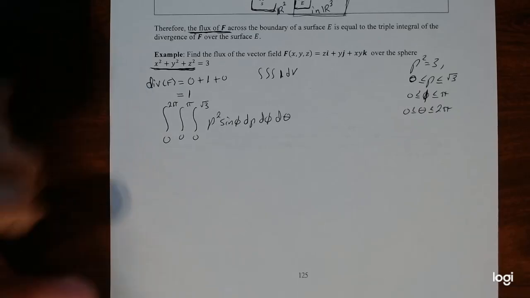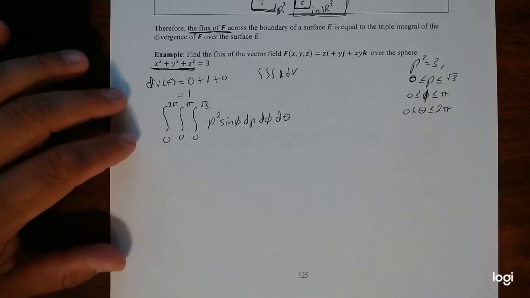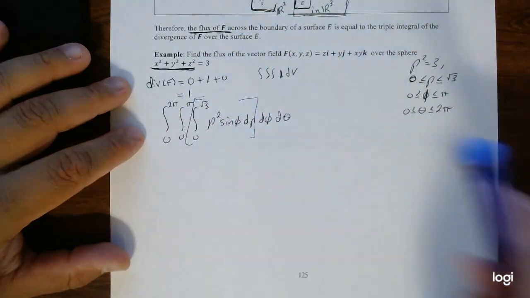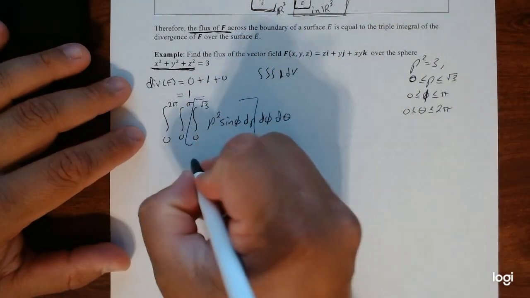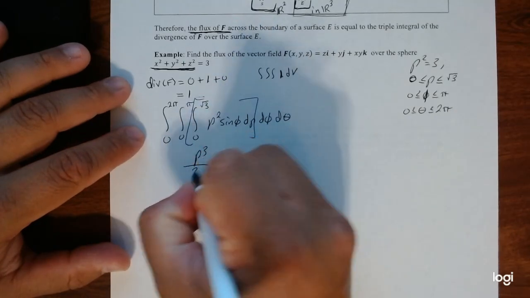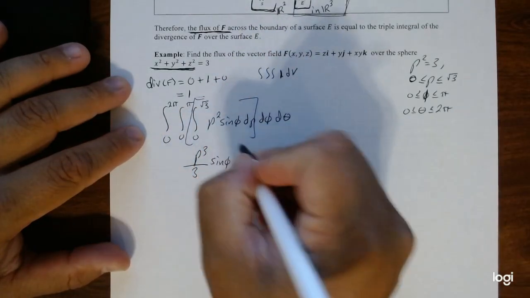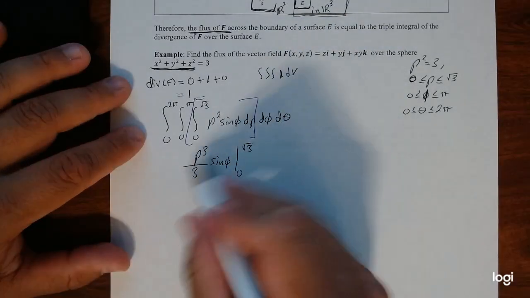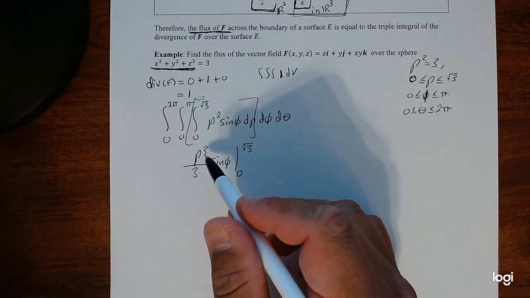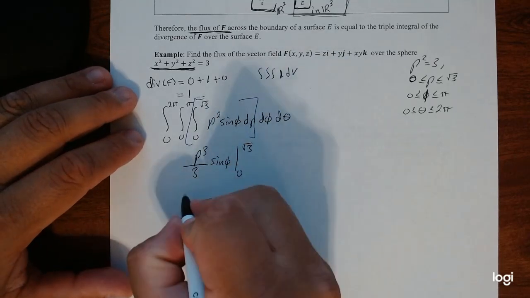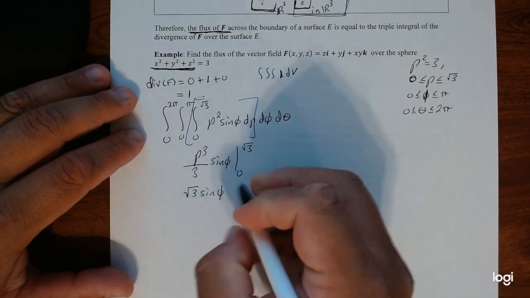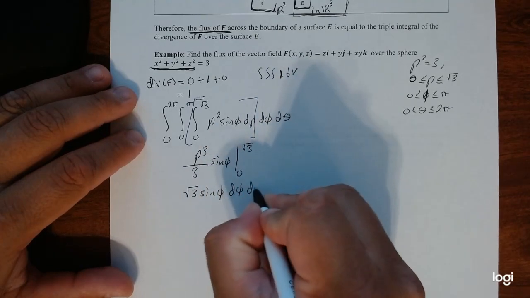Integrating with respect to rho first, that's just going to be rho cubed over 3, times sine phi, evaluated at 0 and radical 3. The 0 goes away, so plug it in. That gives you 3 radical 3 over 3. Those cancel, so you just get radical 3 sine phi d phi d theta.